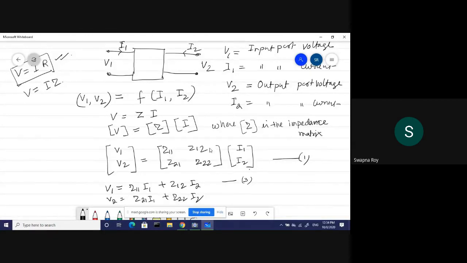V1 is equal to Z11 I1 plus Z12 I2, V2 is equal to Z21 I1 plus Z22 I2. So this is my equation 4. This is 1, this is the latest. Better you write this one as 1, otherwise I have to erase everything.